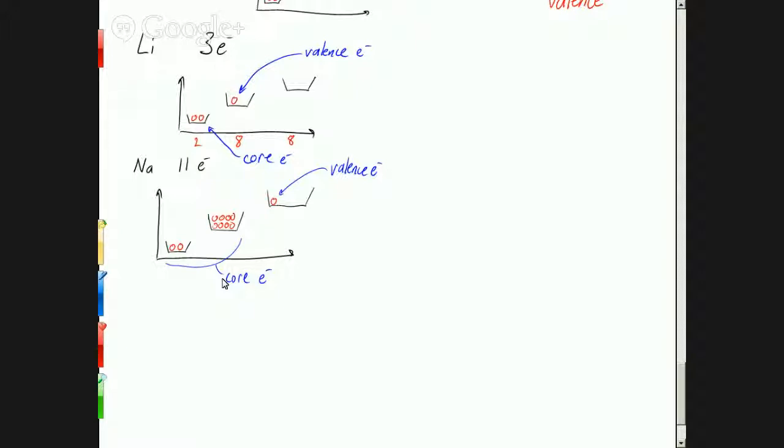How many valence electrons do you think there are in bromine, Br? If you had to guess, what would you guess? Anyone else guess? 1. Why 1?